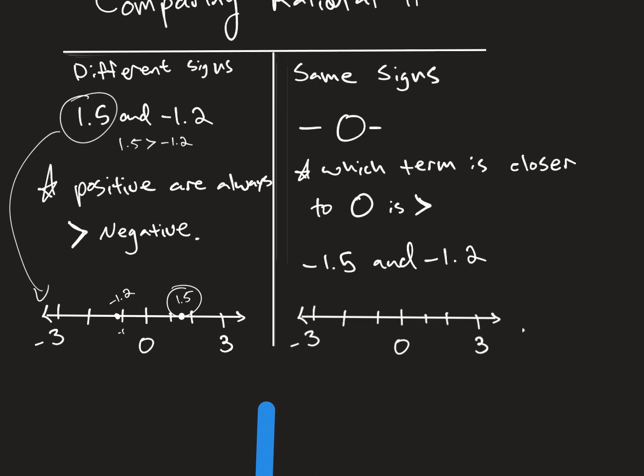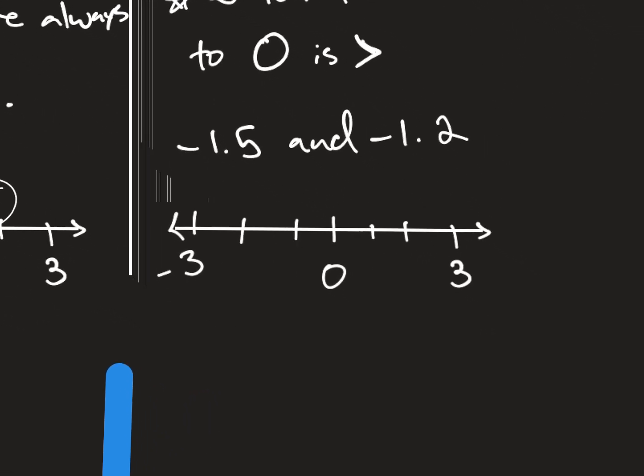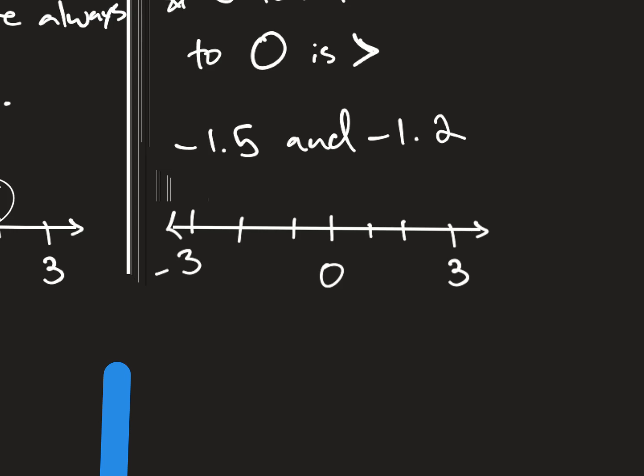If we have the same signs, whether they're both positive or both negative, this is where we need to see which one's greater. Positives are a lot easier because we see which one is further away from zero. But with these, I wanted to do an example of both negative numbers. If I zoom in a little bit, negative 1.5 is right about there.